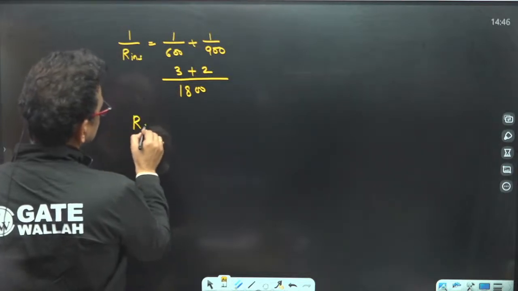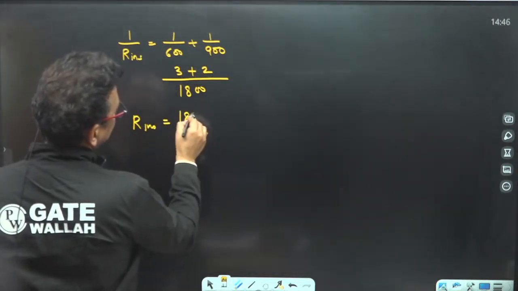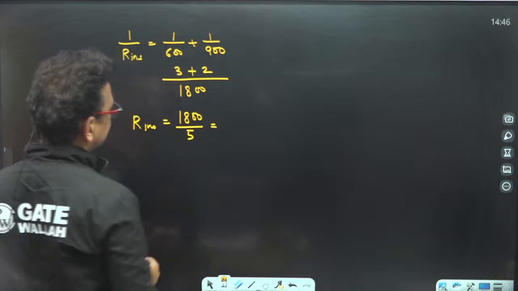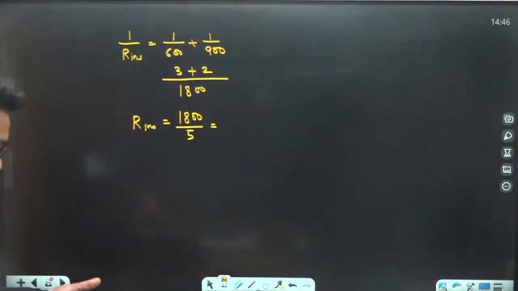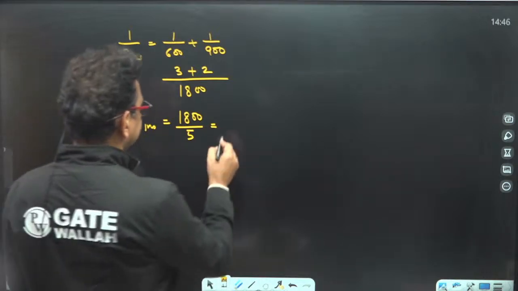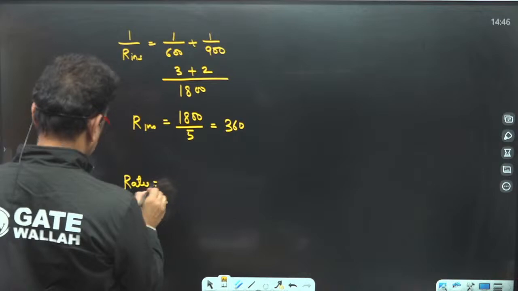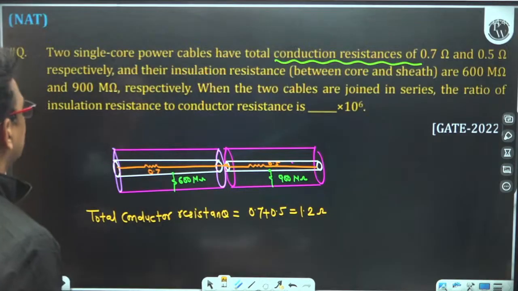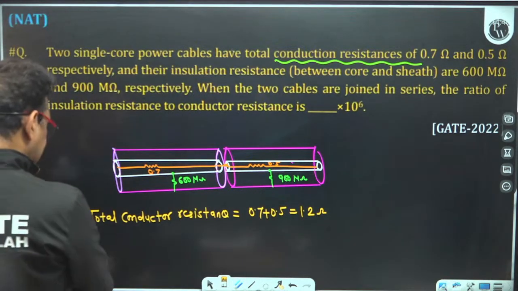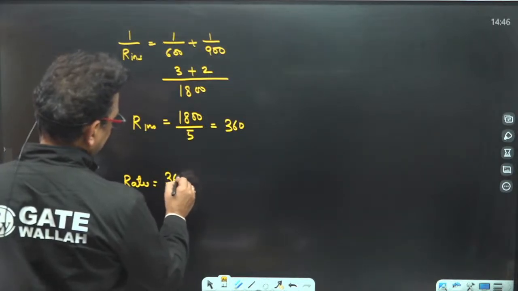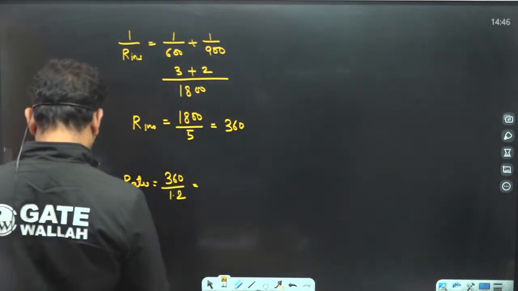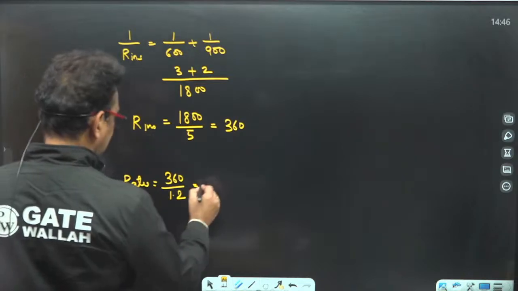So R insulation is nothing but 1800 divided by 5, which is 360. Now what is the ratio? Insulation resistance is 360 and the total conductor resistance is 1.2. The ratio is 300.